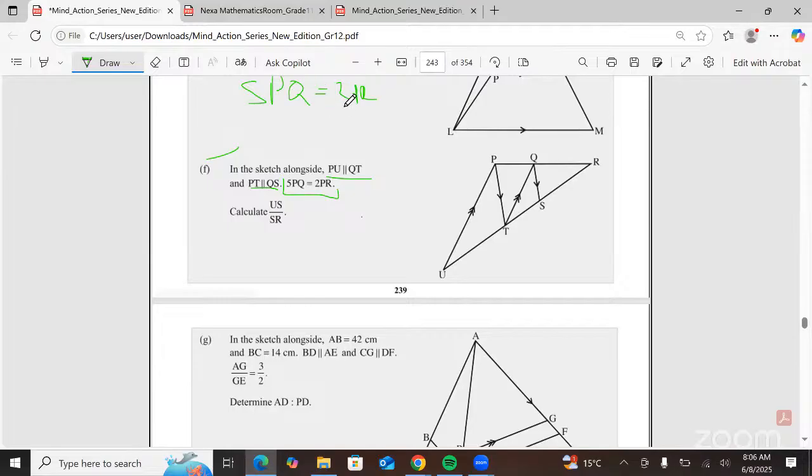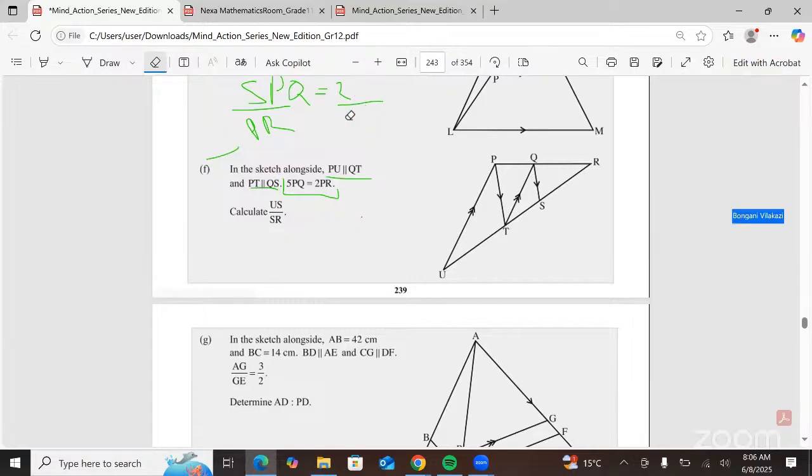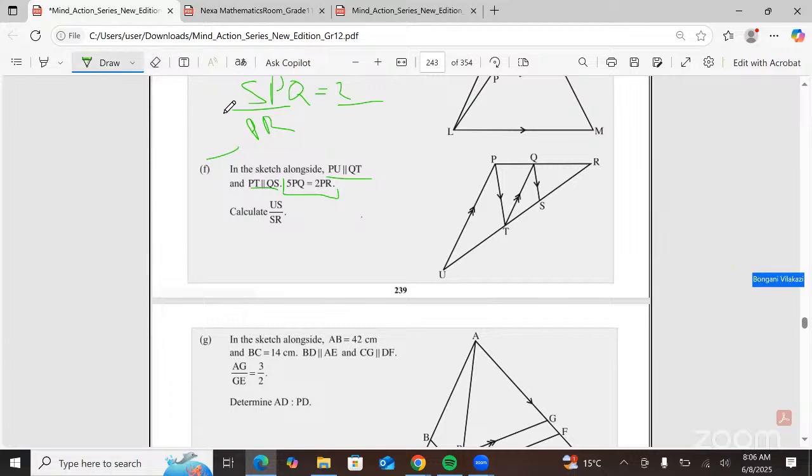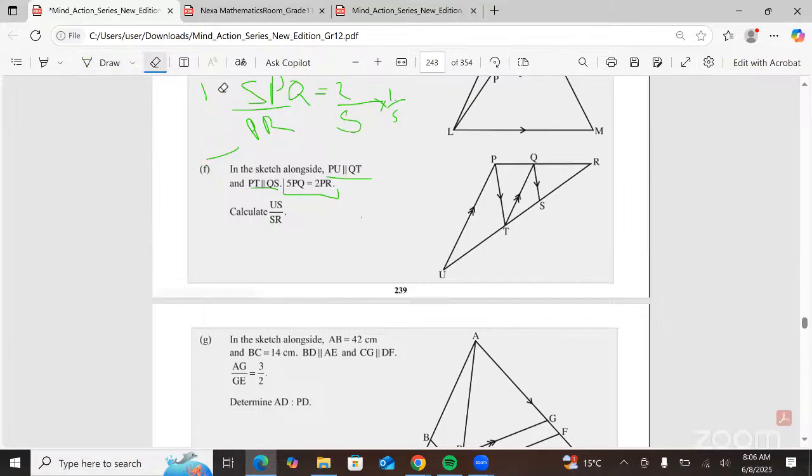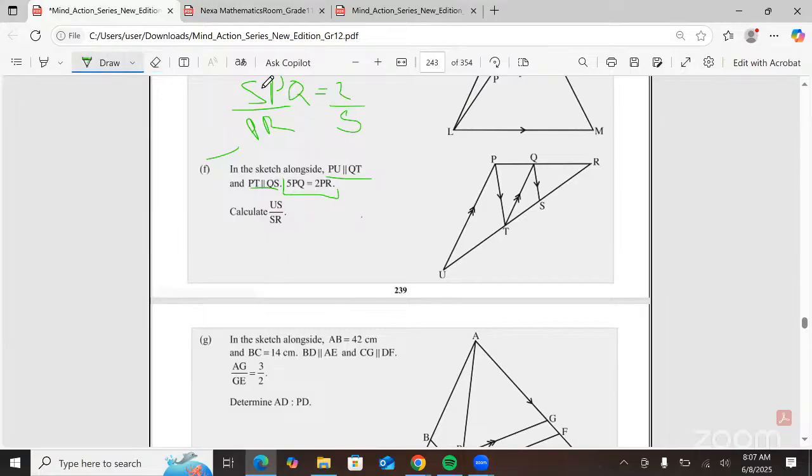Now you can divide by PR on both sides so that this cancels out. Then we can multiply by 1 over 5 on both sides, and the 5s cancel. Therefore PQ over PR is equal to 2 over 5.